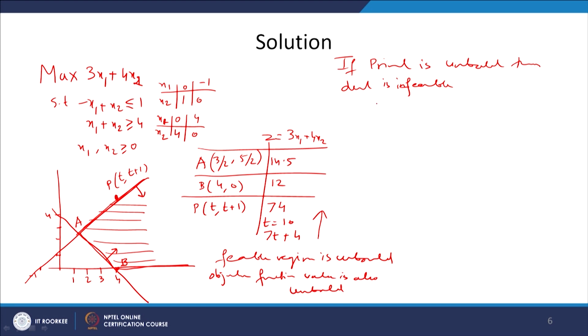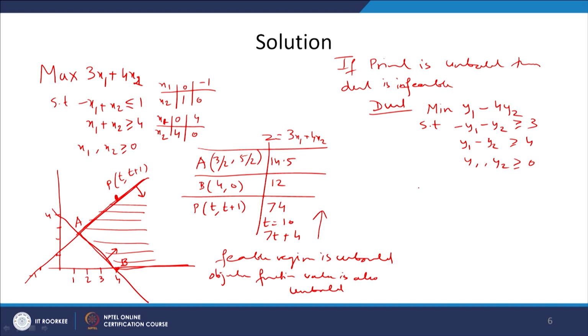Let us write the dual of this problem. What is the dual? The dual of the problem P is minimize y1 minus 4y2 subject to minus y1 minus y2 greater than or equal to 3, y1 minus y2 greater than or equal to 4, and y1 and y2 should be greater than or equal to 0.